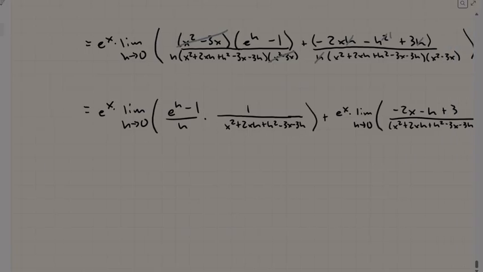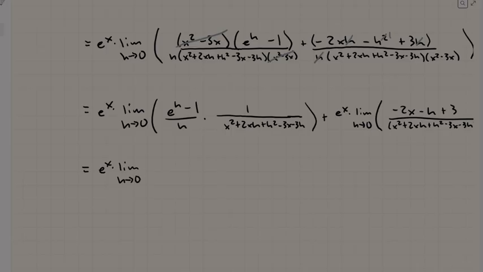And so then this first part, now that we've got these two terms multiplied by each other, we can write them as two separate expressions. So we have e to the x times the limit as h goes to 0 of e to the h minus 1 over h times the limit as h goes to 0 of this.